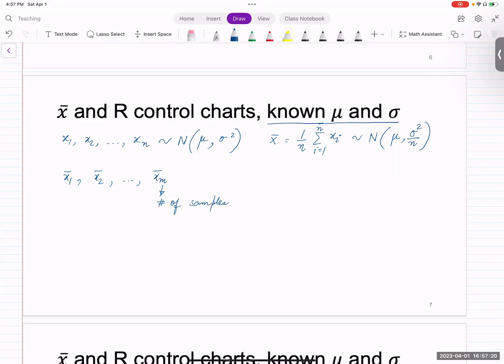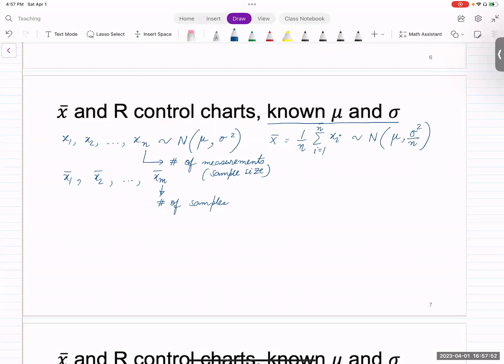Similarly, for the second Apple Pencil, I will compute again n measurements, and then I will obtain x2 bar, and so on and so forth. So m represents my number of samples, and n represents the number of measurements or observations. This is also known as the sample size. This denotes how many measurements you have in every single sample.